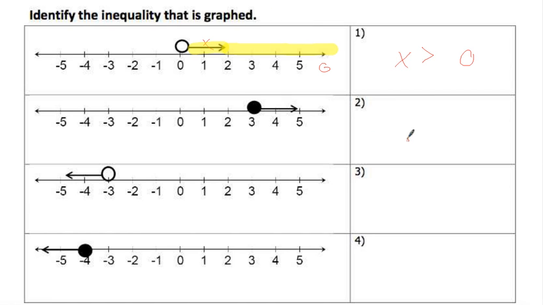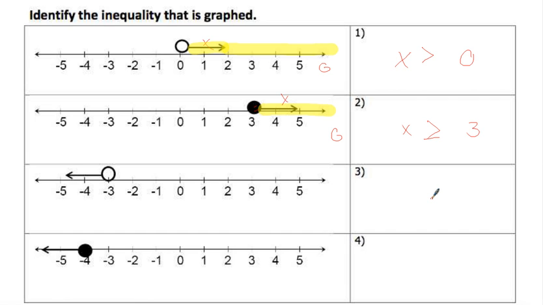If we look at the next one, I'm going to put X, the spot where the dot is, which is 3. And then I'm going to highlight it just so I can pay attention to what I'm looking at. Remember, the arrow is always X. This is the greater side. So X is greater than, and because it's colored in, it's also equal to 3.